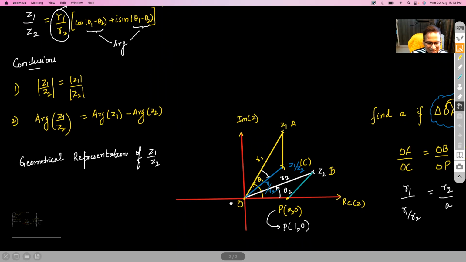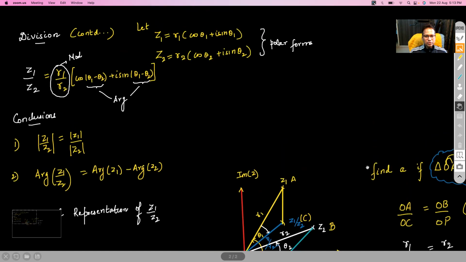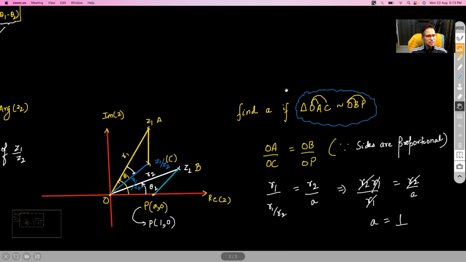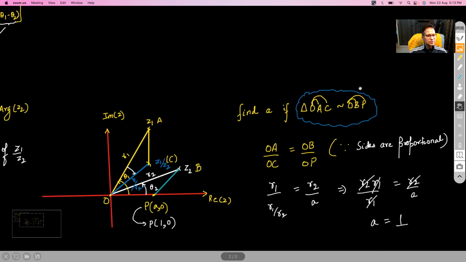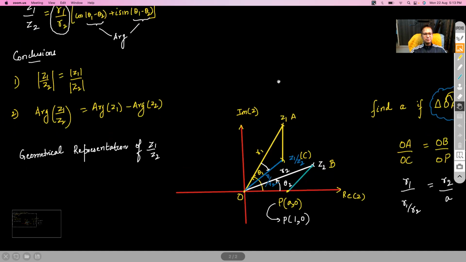Okay, let's take a simple question. If you have copied this down, let's take a simple question. Can you move to the left, this part? Aditya? Right, this part?